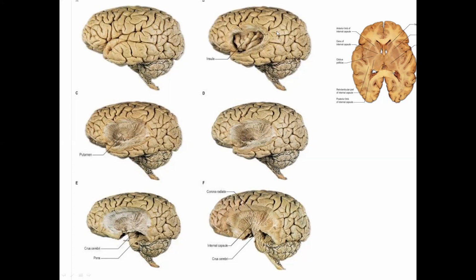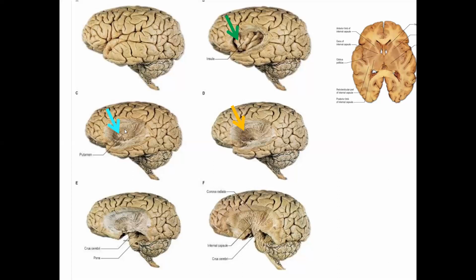Now in the horizontal section, what lies inner to the insular cortex? We saw the lentiform nucleus, remember? So once if you remove the insular cortex, you'll get to see the putamen and globus pallidus. Okay, so that is the insular cortex. We remove the lateral sulcus and the area surrounding it to see the insular cortex.